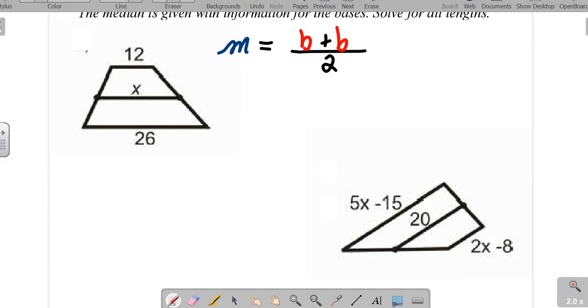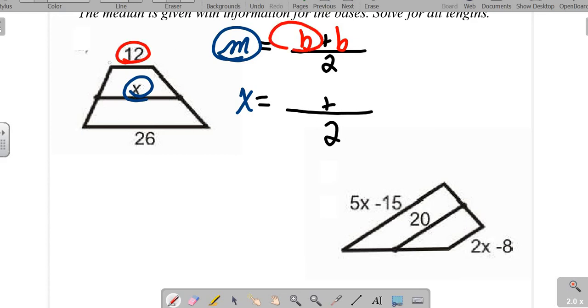So you circle, plug, chug. Median, median, bases are the parallel sides. Please do not be using calculators for things like 12 plus 26.